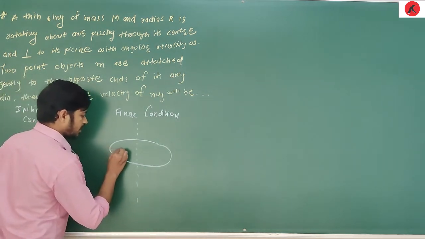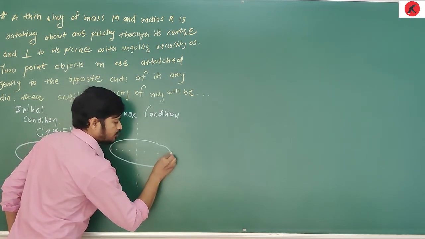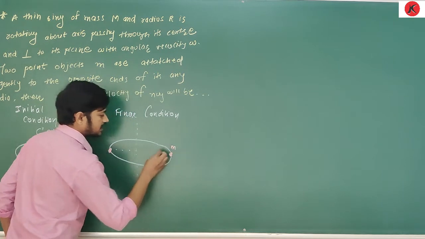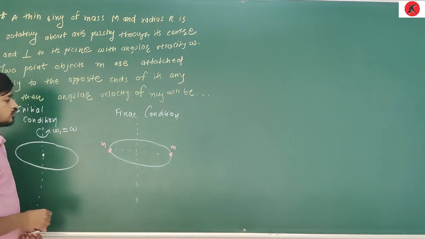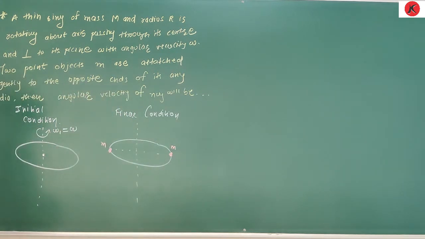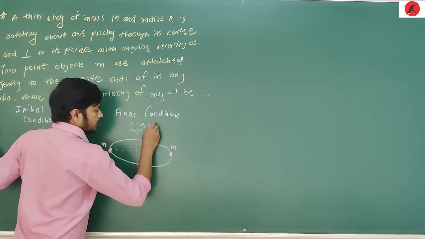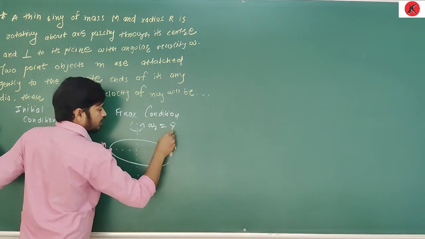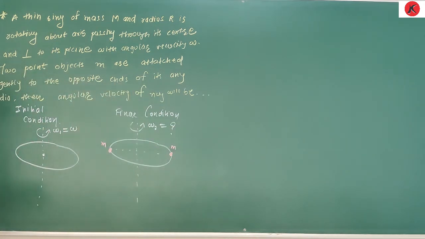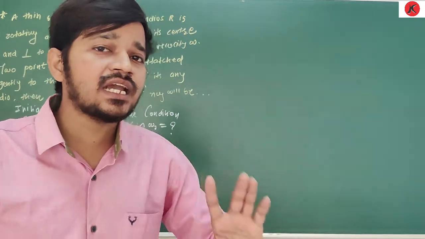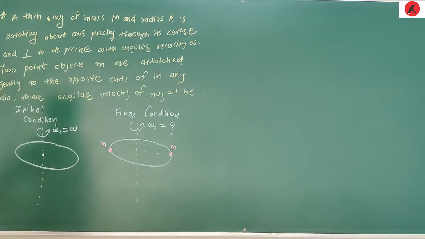For example, I am taking this diameter, one point here, another point here, its mass is m, its mass is also m. So your question is, what is the angular velocity of the ring now? Do you understand the question? In the initial case only the ring is rotating. In this case, the ring and two point masses are rotating. Then how to find this?